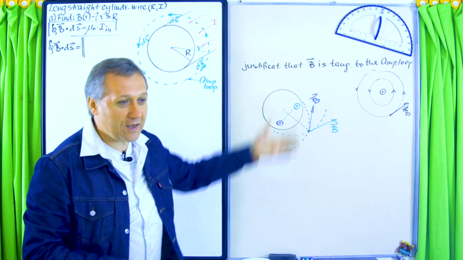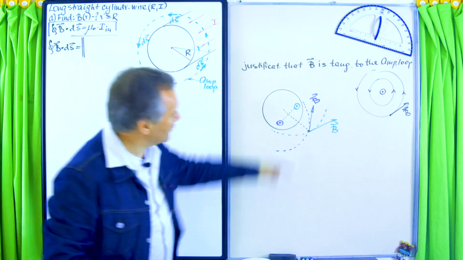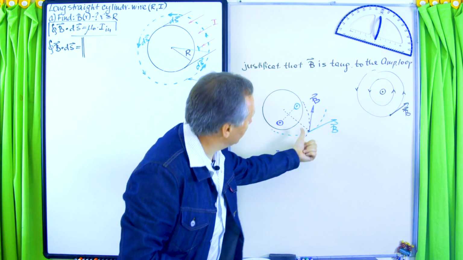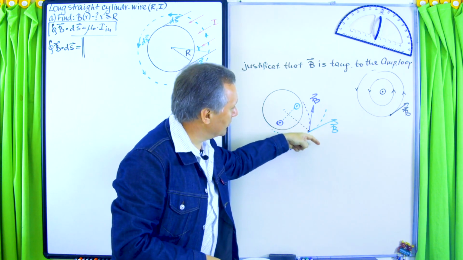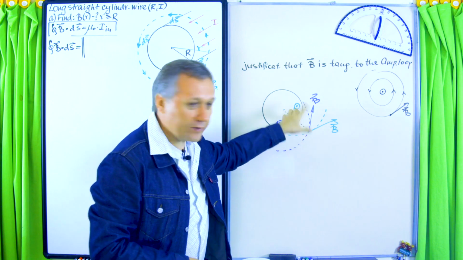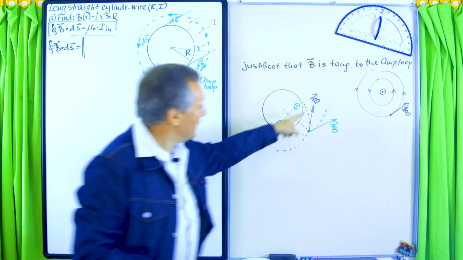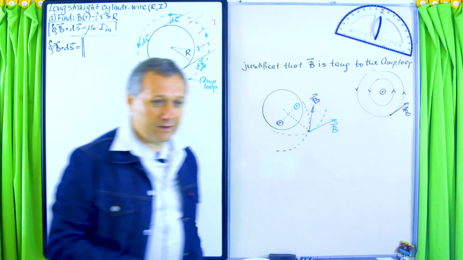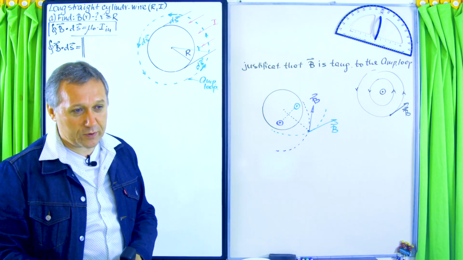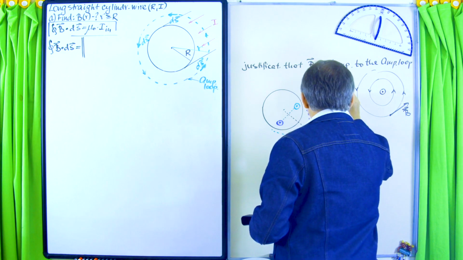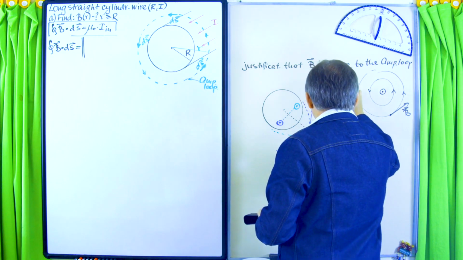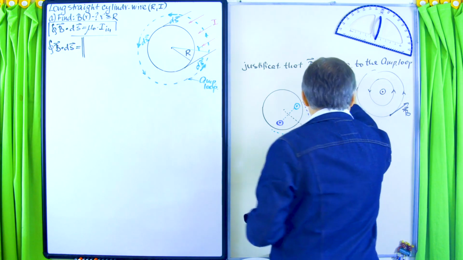So now let's add them up. The blue radial component will be towards the center, and the green radial component will be away from the center. Of course, the radial components cancel, and only the tangential components add to each other, giving us the net magnetic field this way.